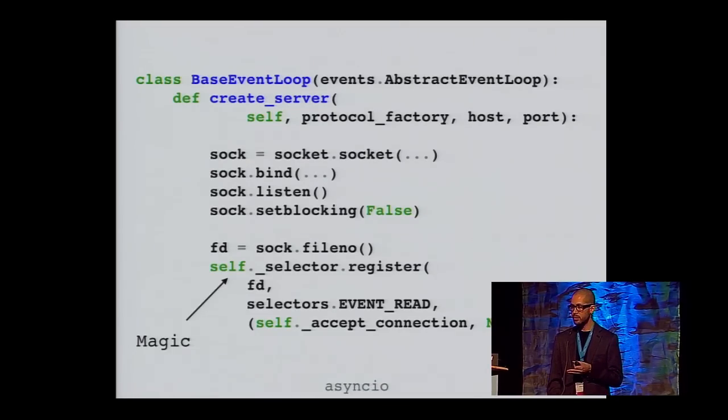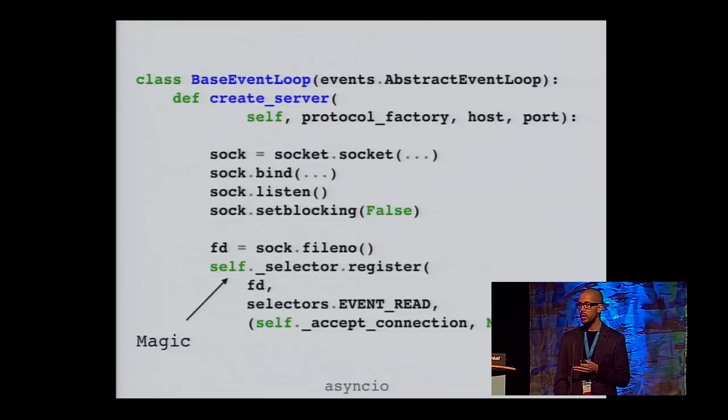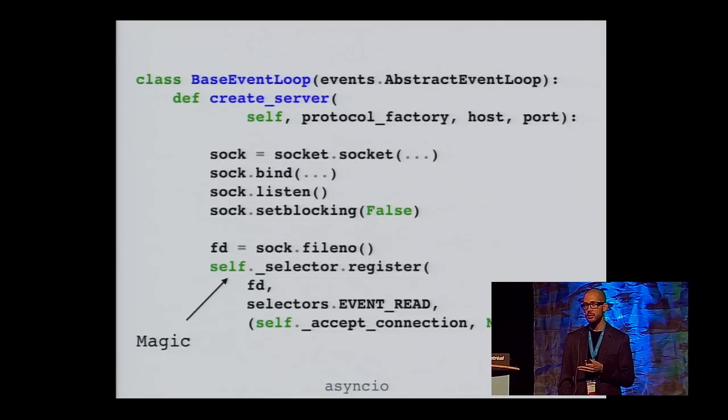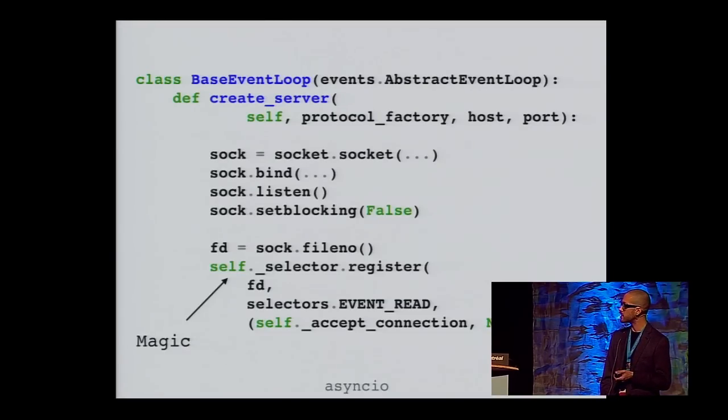And in this case, we're interested in when the socket becomes readable, because that means that a client is trying to connect to us. We also pass in that third argument, which is any data at all. The selectors module will accept any data that we want to pass in, and then we'll get that data back out later if the event that we're interested in occurs.